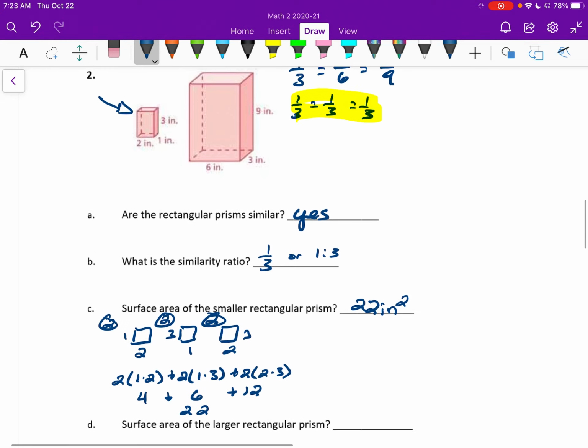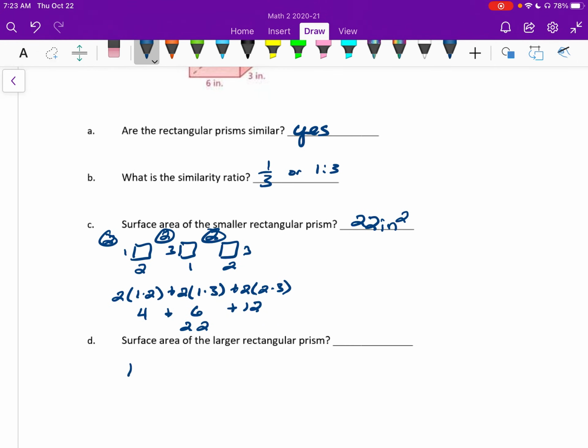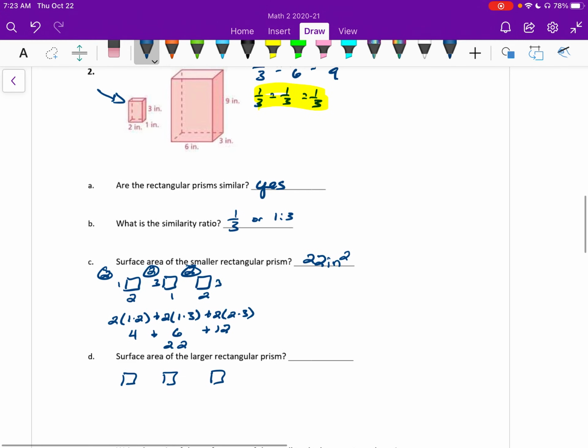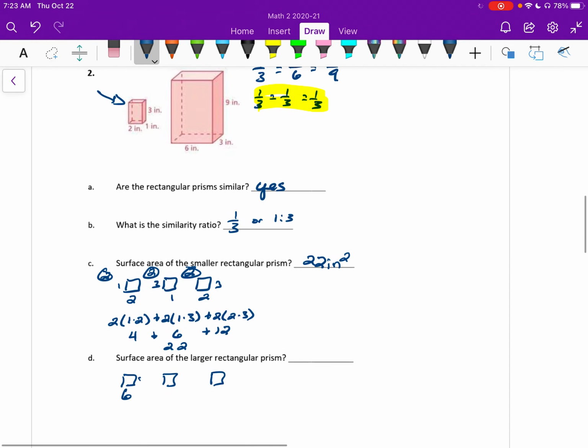Now the surface area of the larger prism. I'm just going to write my 3 boxes, and we know that there's 2 of each of those. We're going to have 6 by 3, 3 by 9, and what's the only combination I haven't done? 6 by 9.